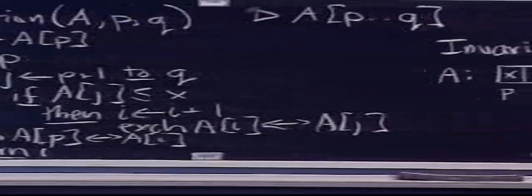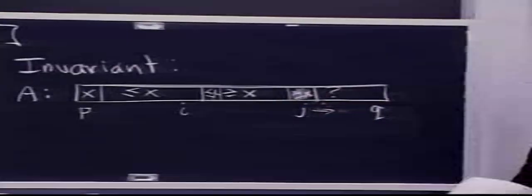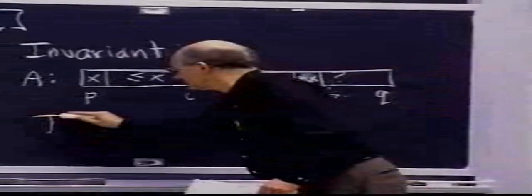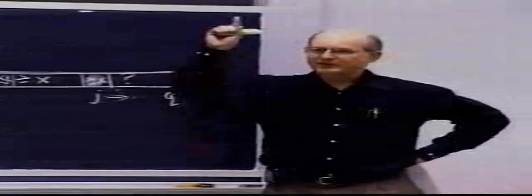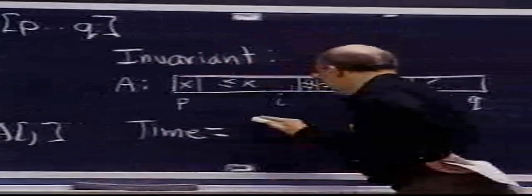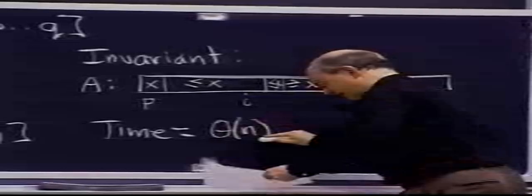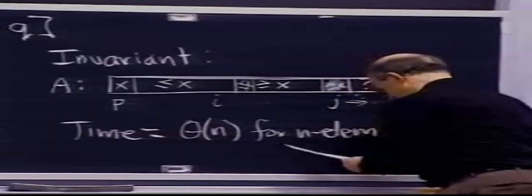Okay? So before we go into the example, how much time does this algorithm take on n elements? Somebody from that back corner. Yeah. Linear time, right. It's theta n for an n element subarray.